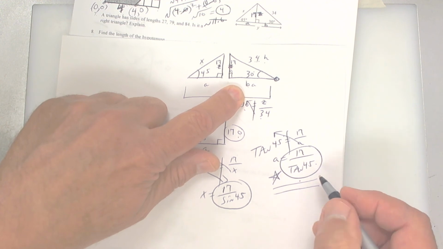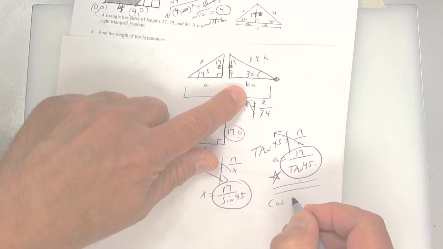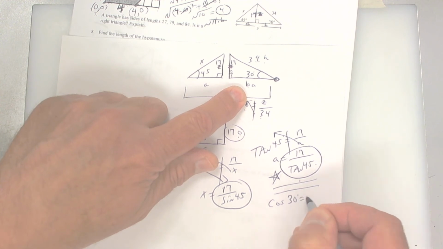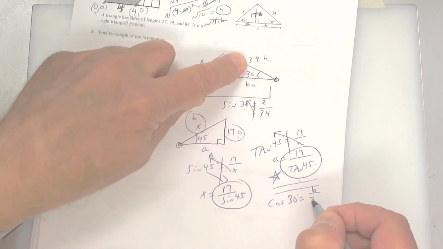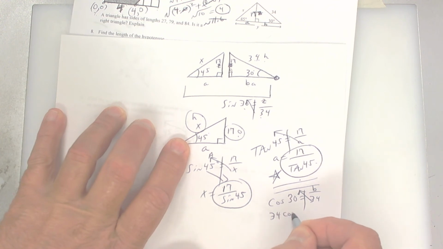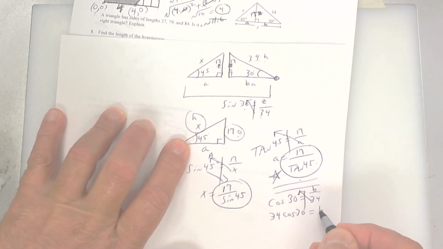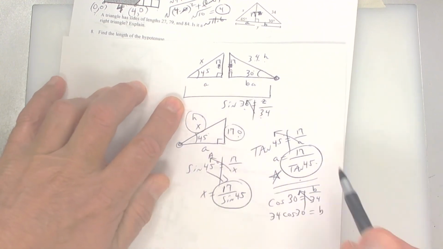So b is going to be adjacent and hypotenuse. That's cosine. So put the cosine of 30 degrees is equal to adjacent over hypotenuse. Adjacent over hypotenuse, 34. So this is going to be 34 times the cosine of 30. Now, you want to add up the a and the b to get the whole thing, which is y.